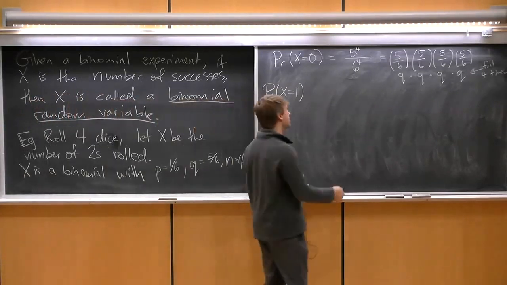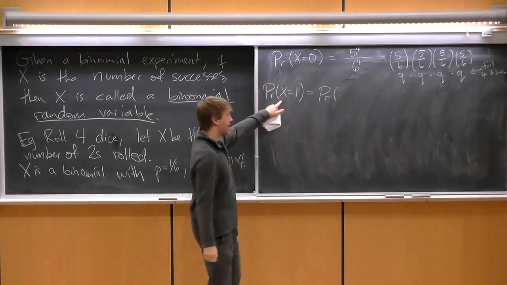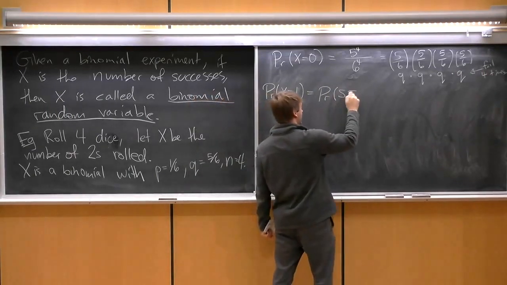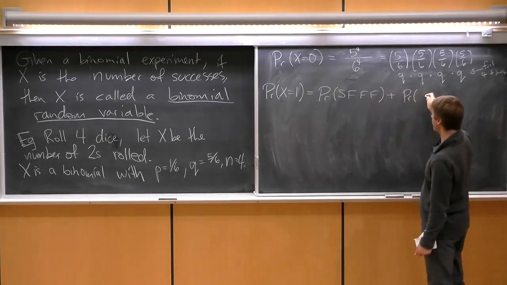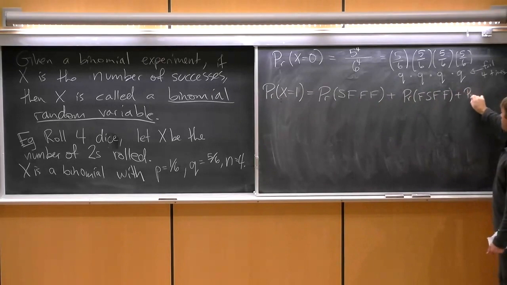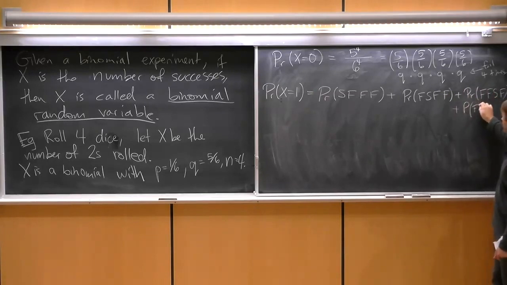They have to all be failures. This is a bit different, right? If we want exactly 1 success, I'll write this out: it could be a success and then 3 failures, or a failure, success, failure, failure, or failure, failure, success, failure, or it could be 3 failures and then a success.